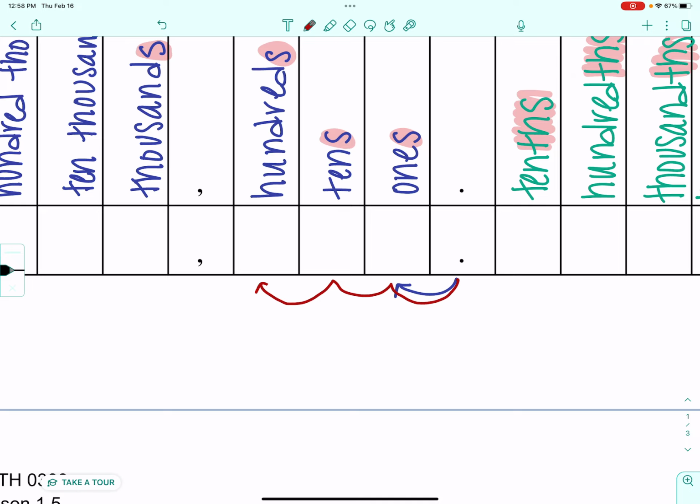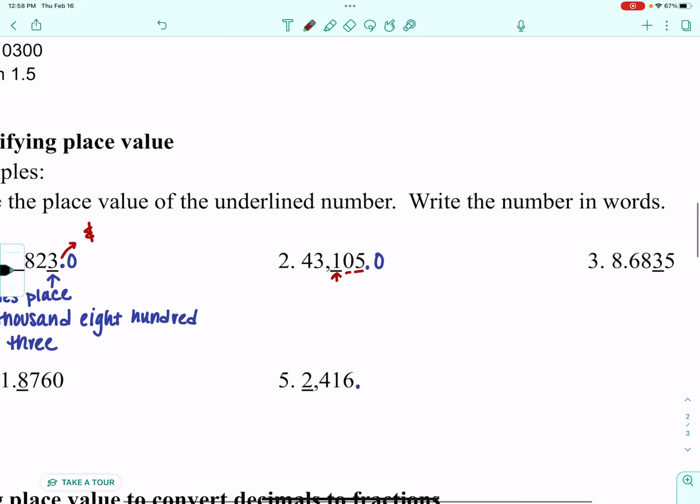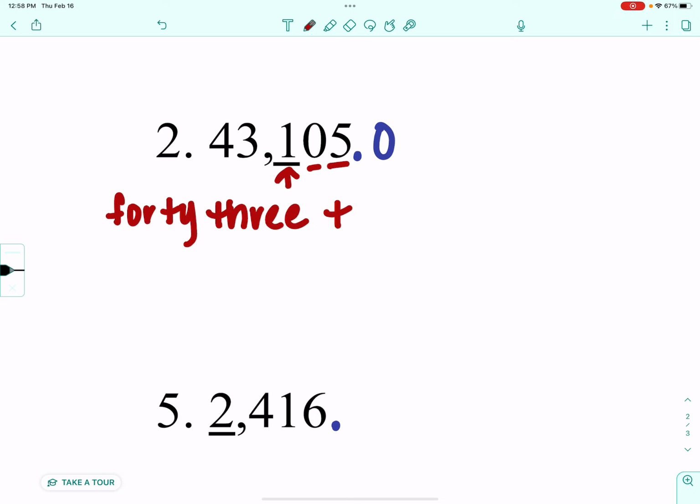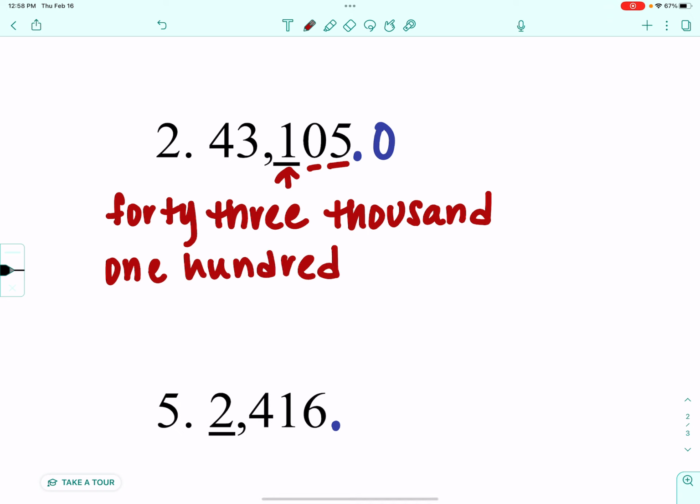So that number lands in the hundreds spot. So this would be 43,105, with no and.